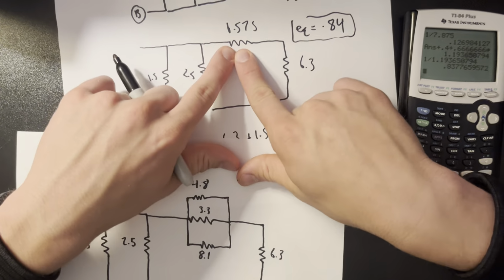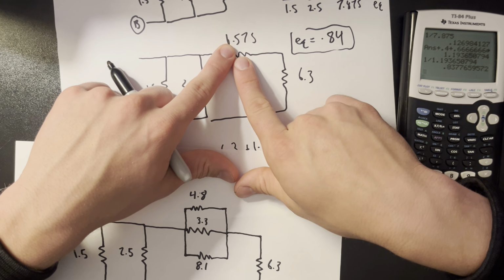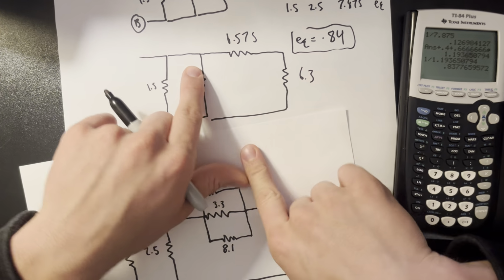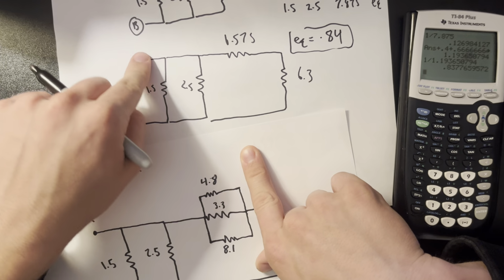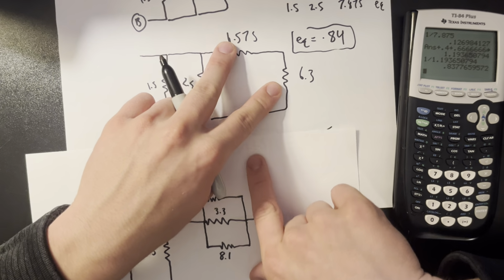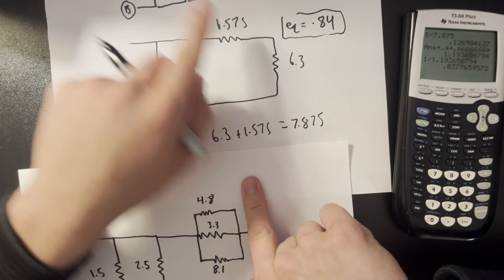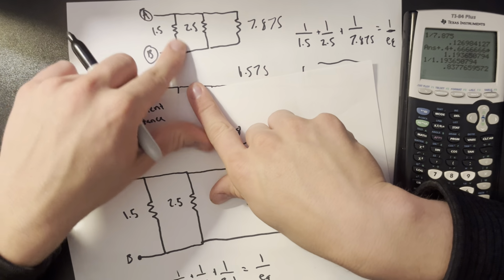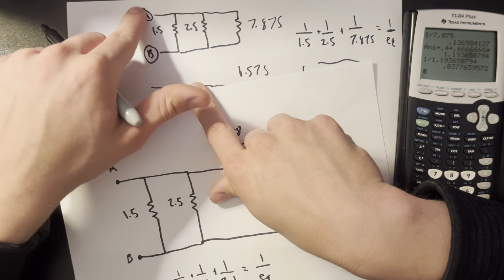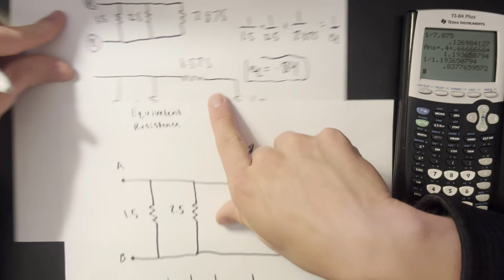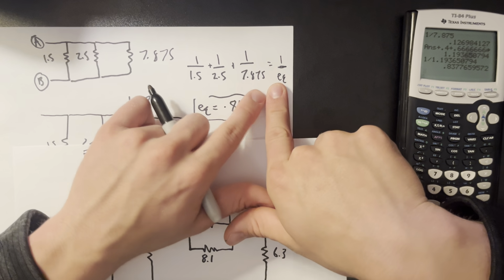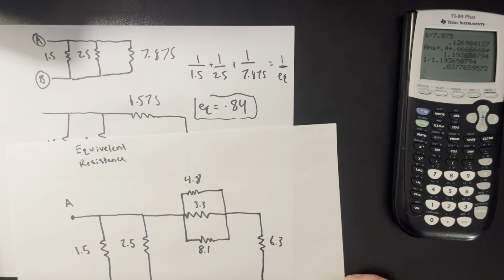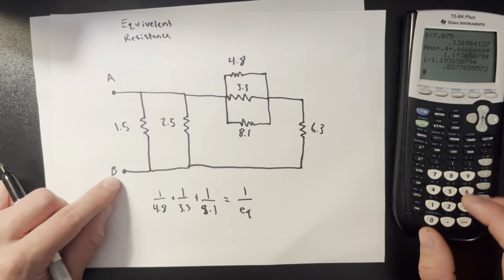Now we just have one here, 1.575, and then we have 6.3. Obviously these two are in series with one another, so we needed to add these in series to get our 7.875. So then we have 1.5 in parallel with 2.5 in parallel with 7.875. Added them in parallel to find the total equivalence and got our equivalence of 0.84 between the point A and B in our circuit.